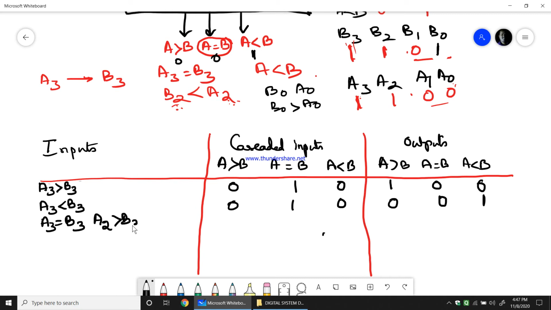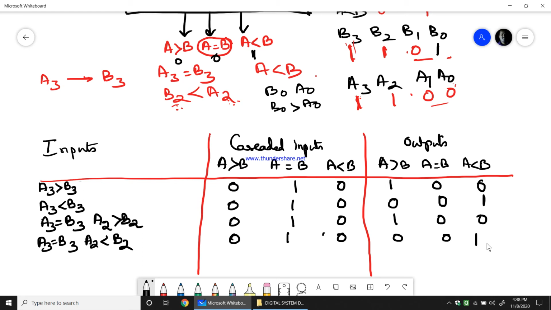If A3 equals B3 and A2 is greater than B2, it says A greater than B. If A3 equals B3 and A2 is less than B2, it says A less than B.